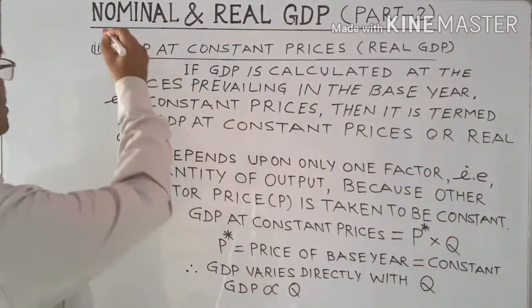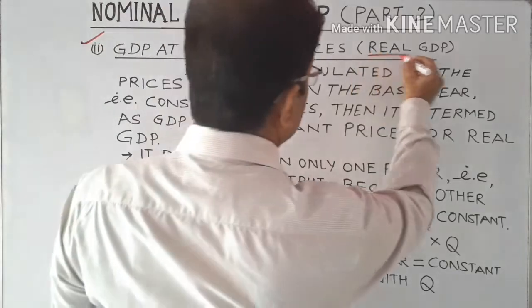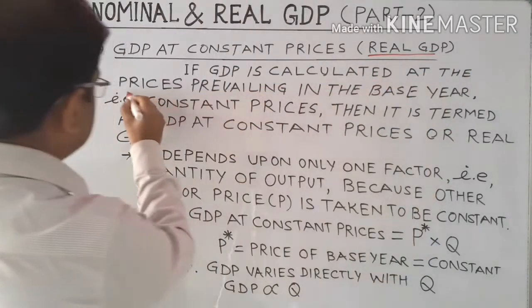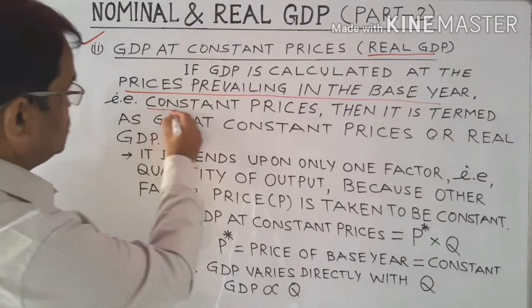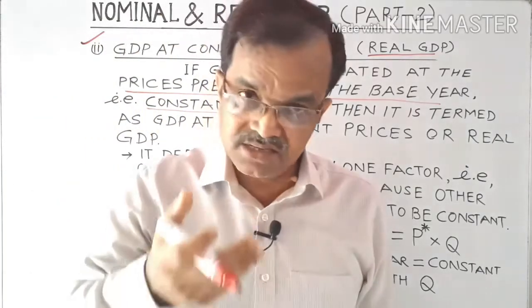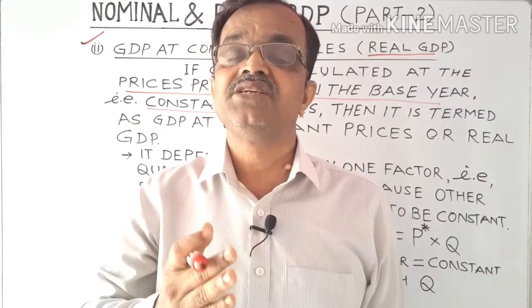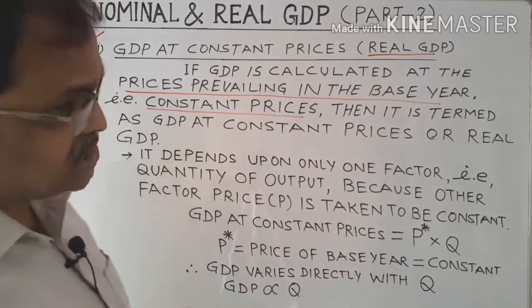That is the definition I have written here: it is calculated at the prices prevailing in the base year, that is, constant prices. And how is this price taken to be constant? I just explained: because at this base year price, the calculation of GDP is made every year, it is said that the price is constant.